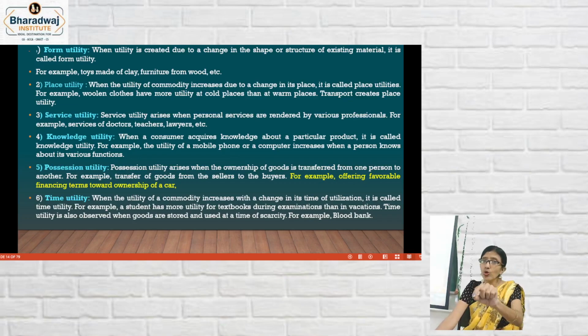So you need to know about the various applications of a particular commodity to buy it. That comes under knowledge utility and possession utility. This is where you did an exercise, isn't it? All that enables the consumer to buy and possess the commodity. And time utility, you know that it should be available at a time when you require. Am I clear?